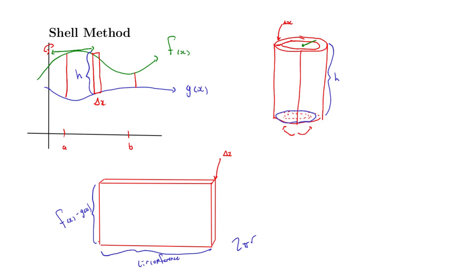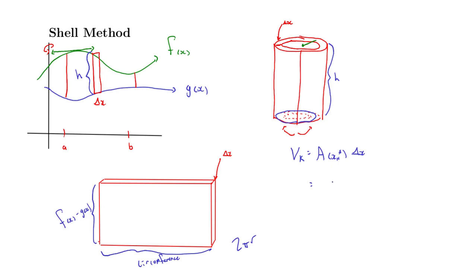Okay, so let's go ahead and do this. We'll do our slice and sum strategy. The volume of the kth slice is going to be the area of this rectangle at some x sub k star times delta x.